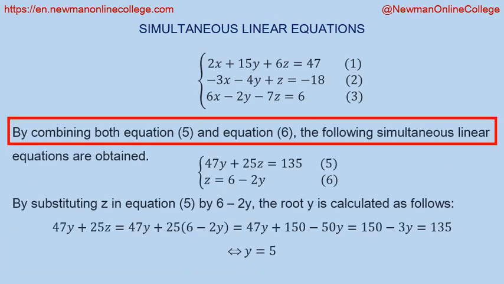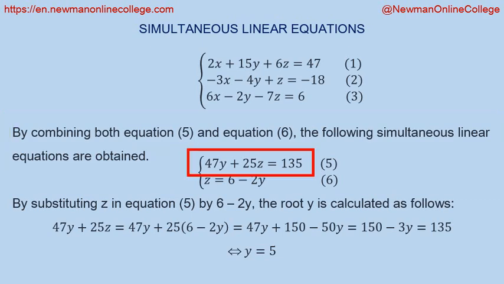By combining both equation 5 and equation 6, the following simultaneous linear equations are obtained. 47y plus 25z equals 135. Z equals 6 minus 2y.